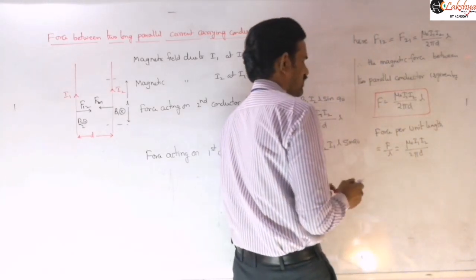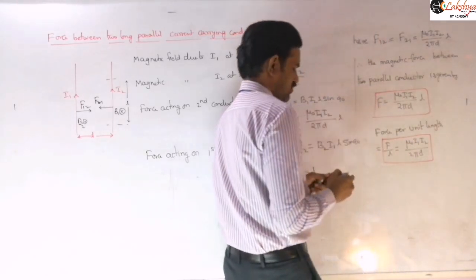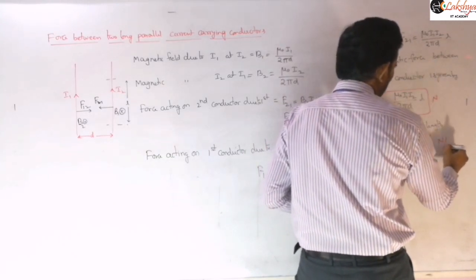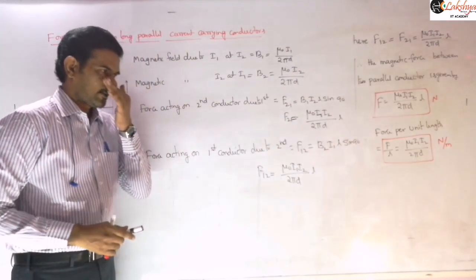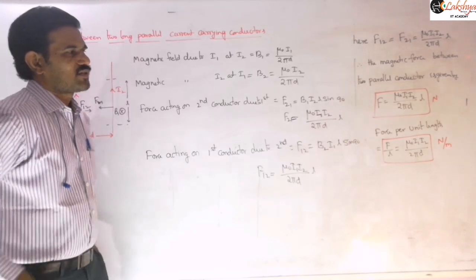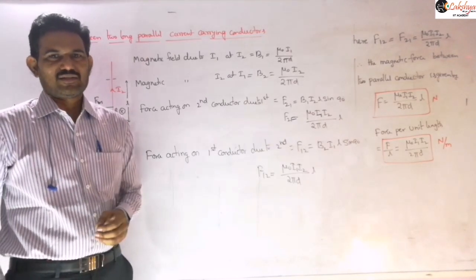The unit of force is Newton, and for force per unit length we express the unit as Newton per meter. And just to mention, that is one of the fundamental units in SI.